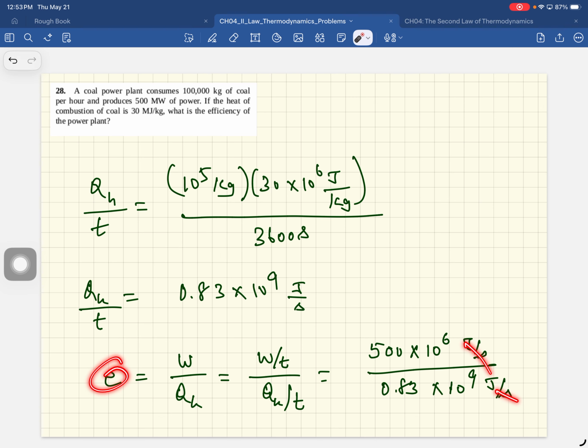Okay, so that's how much heat you're removing per cycle. And part B, how much work per cycle.